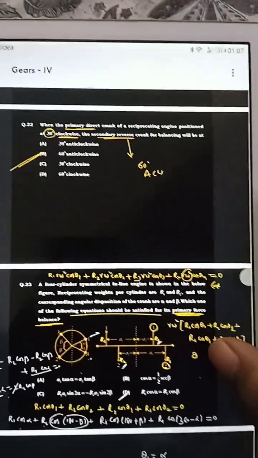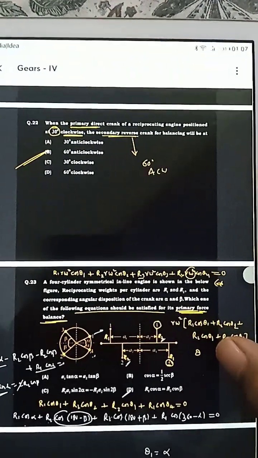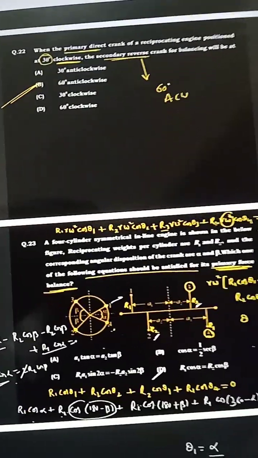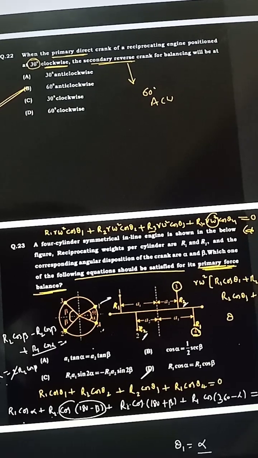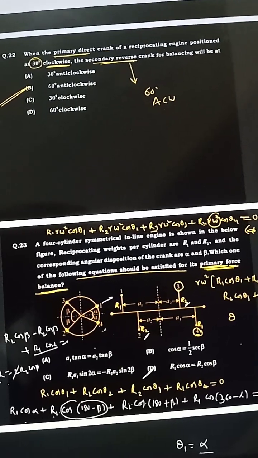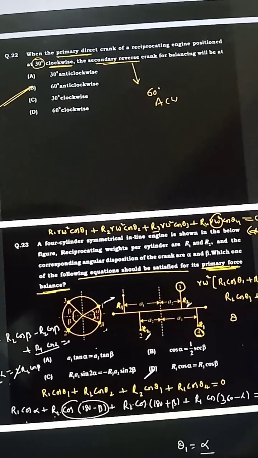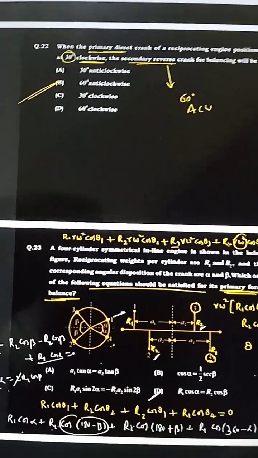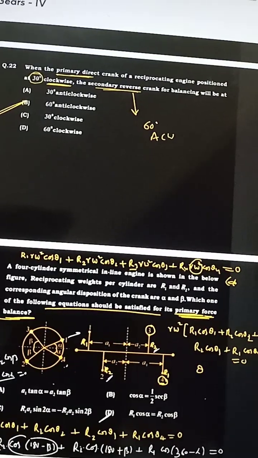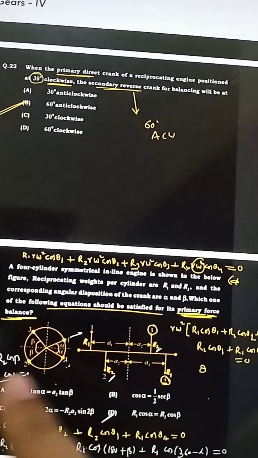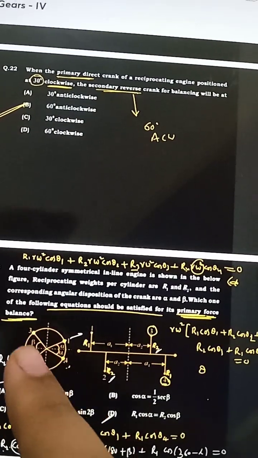23 question is a question of inline engines, and I don't think I am going to study the inline engines. I am leaving this. This is not the case of revolving masses that I study now.